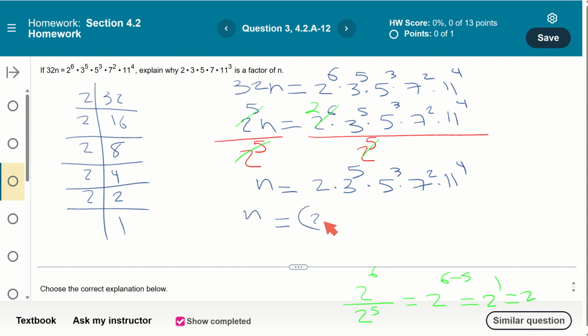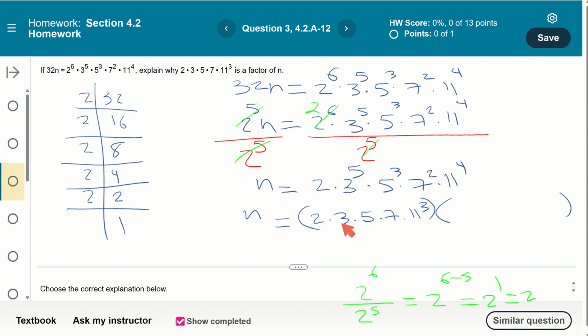So let me write that 2 times 3 times 5 times 7 times 11 cubed times some other natural number, right? So I notice here, I ask myself, well, 2 is here, so I don't need a 2.